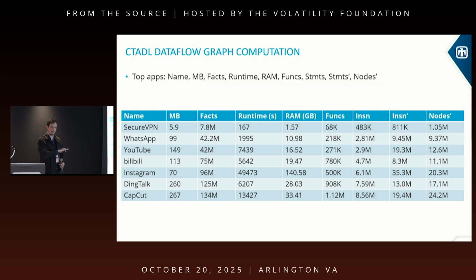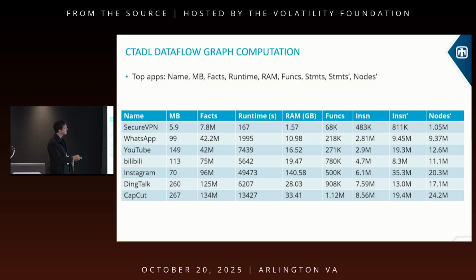They're all Android apps. And this is the original size of the app. So we have it all the way from a couple of megabytes to 267 megabytes, which is split into resources, some of its code, some of its images, or whatever.